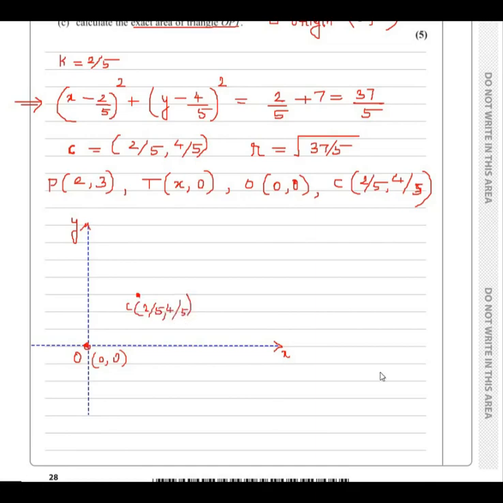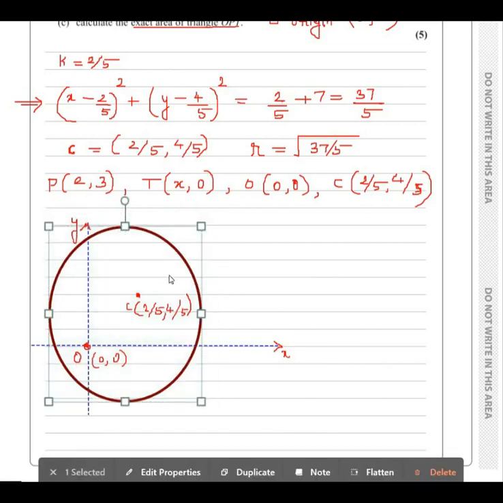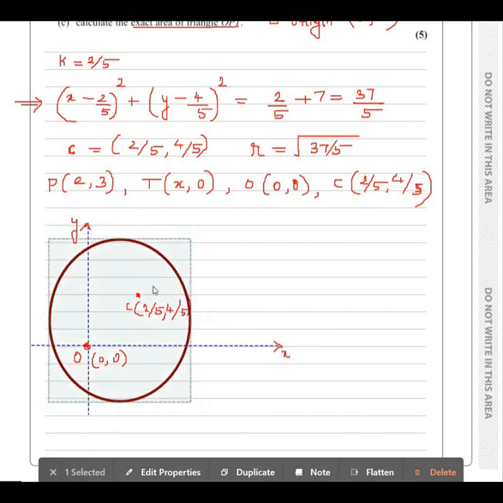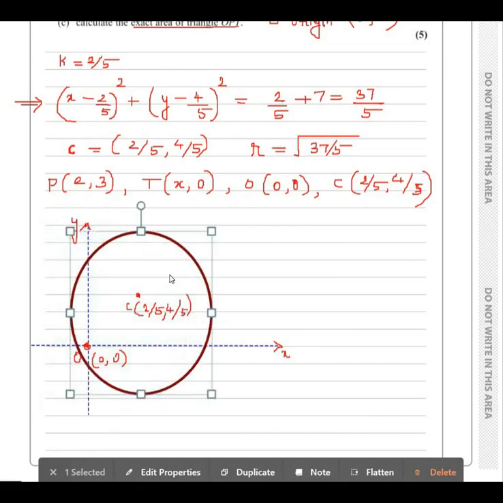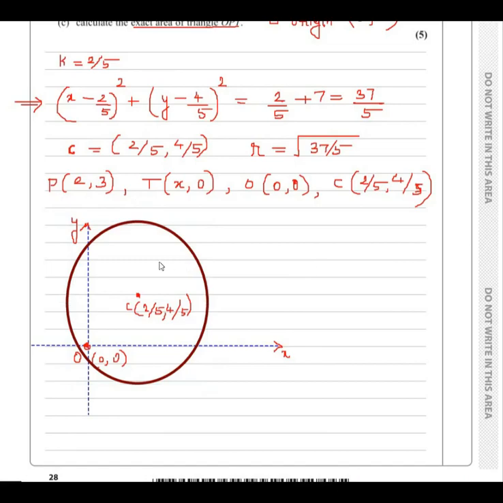And let us draw a circle around that center. Probably it is going to look like this. And the point P is going to be somewhere around here. So P is 2, 3.